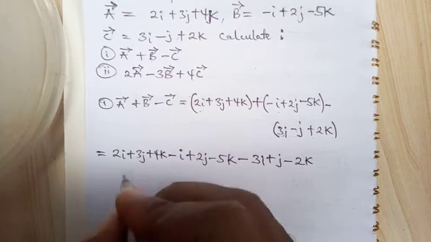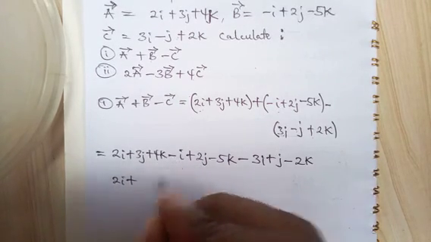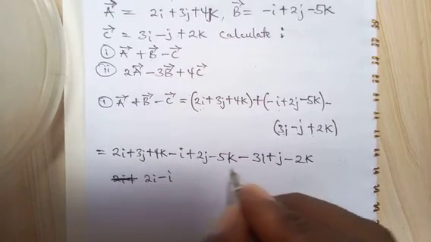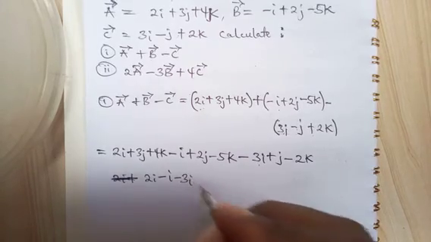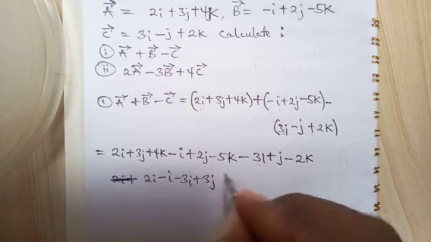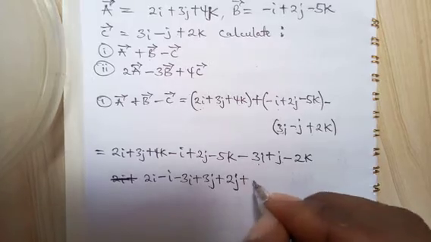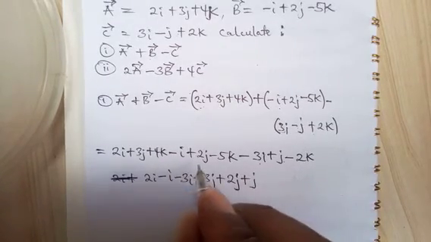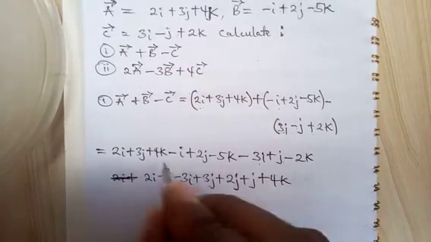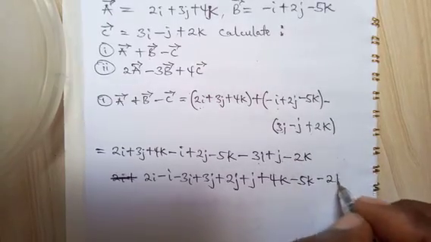Right now we can collect our like terms. We say 2i minus i minus 3i, for j, 3j plus 2j plus j, and for k, 4k minus 5k minus 2k.